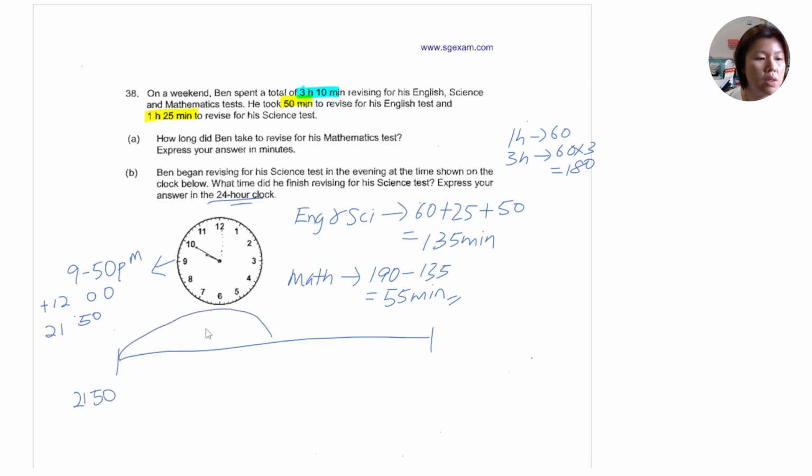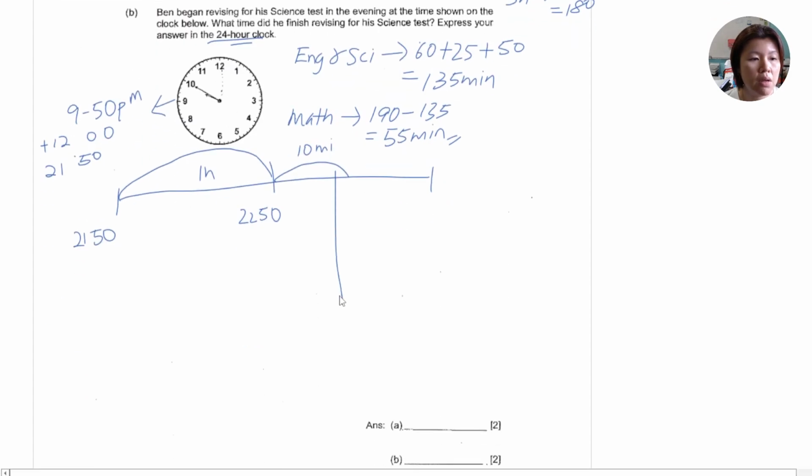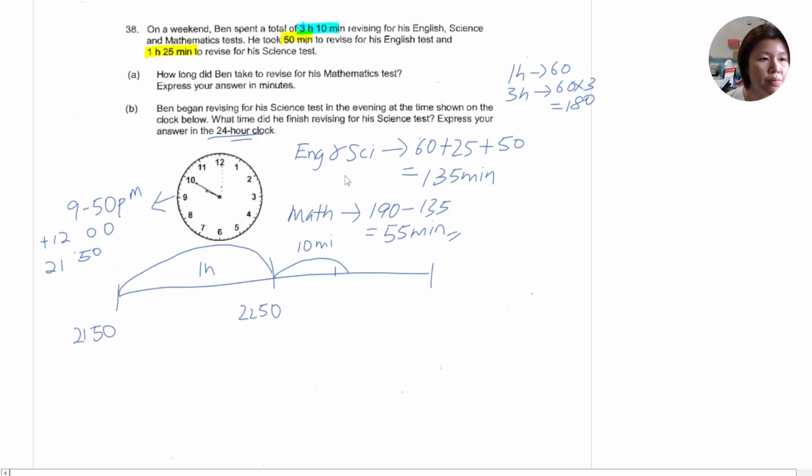1 hour is 22:50, 25 minutes. Let's break down 10 minutes first. 10 minutes is 23.